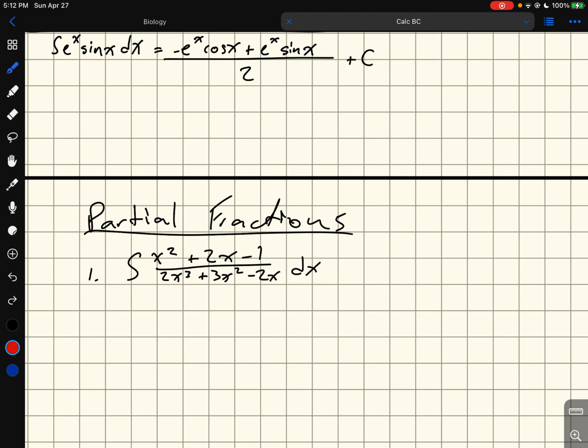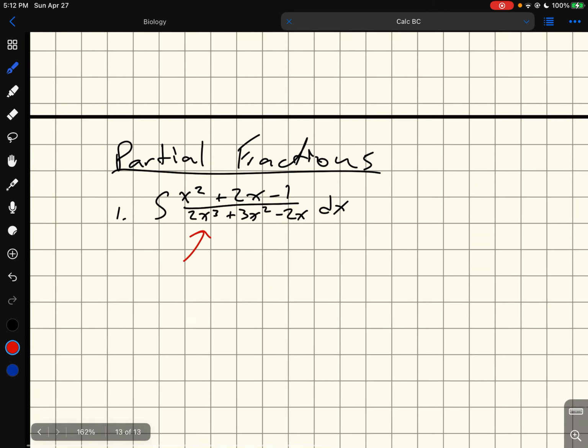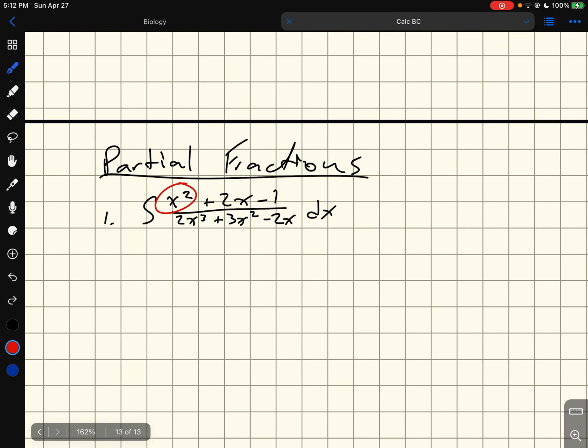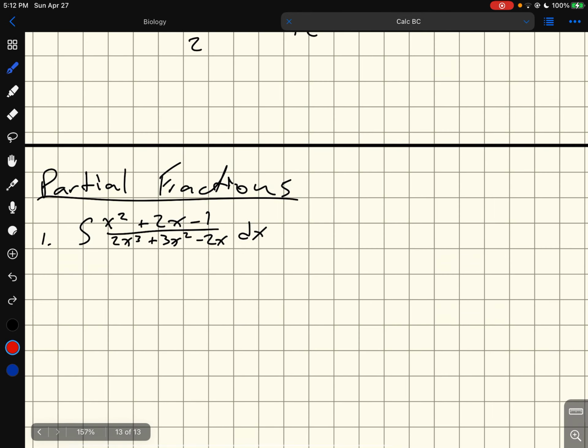So what we're going to do is split this into a bunch of little fractions, because this is essentially a bunch of fractions with the common denominator of this. So we're just going to split it back into its fraction form, and then we can take the integral of each of them separately. The way we do that is we're first going to factor the denominator.